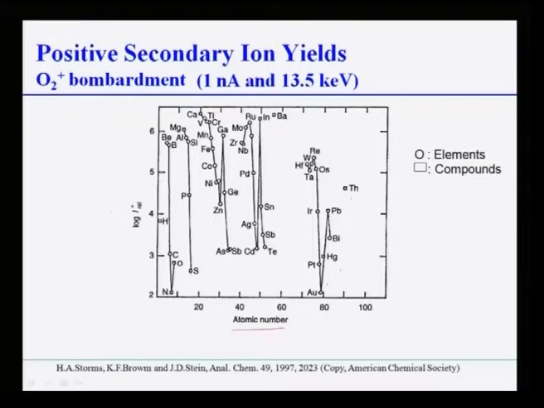But if you go to magnesium, calcium, palladium, manganese, iron, these sets, it is very high, of the order of 10 to the power 4, 5. So, the yield of secondary ions created with O2 plus bombardment is good for this kind of elements, not for other ones.